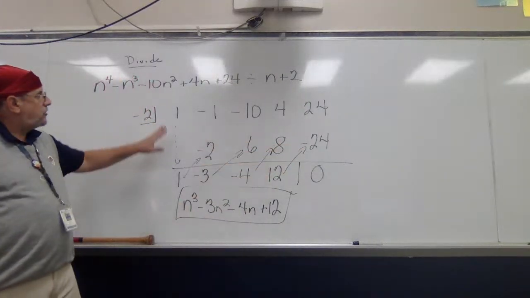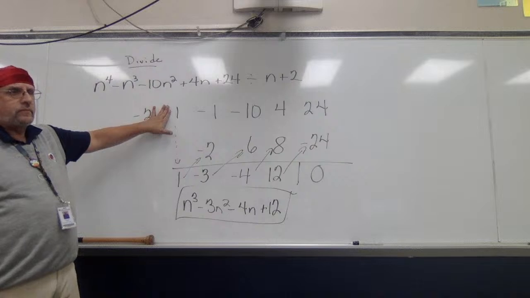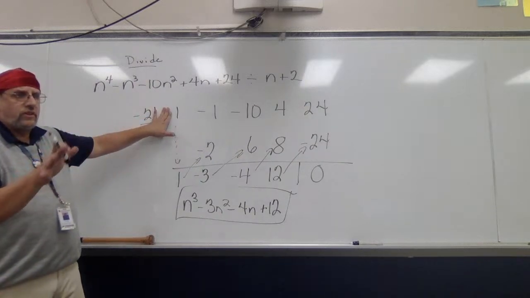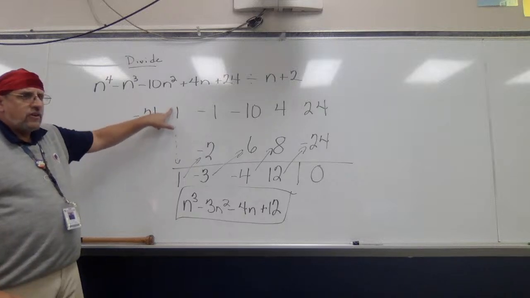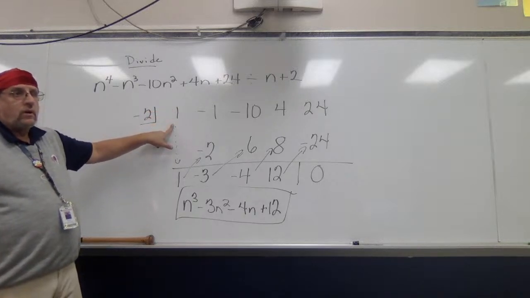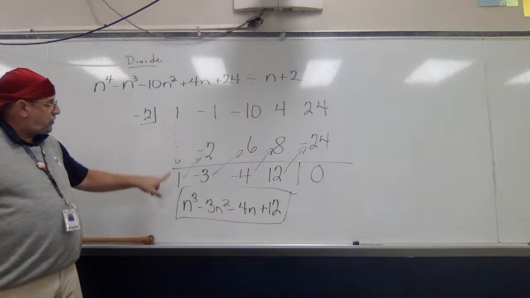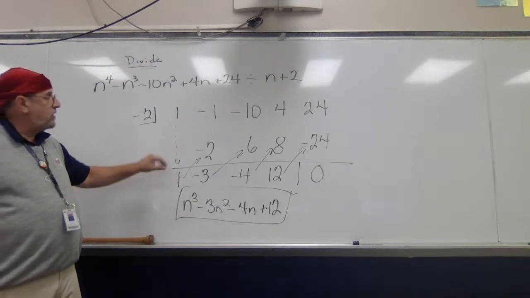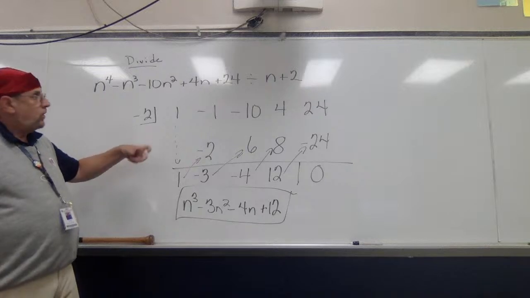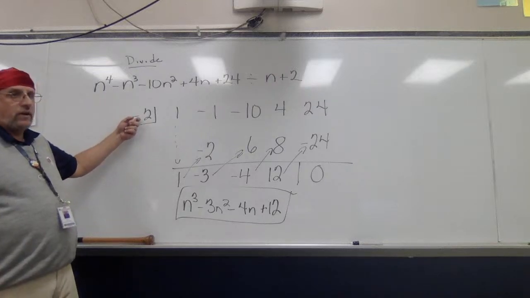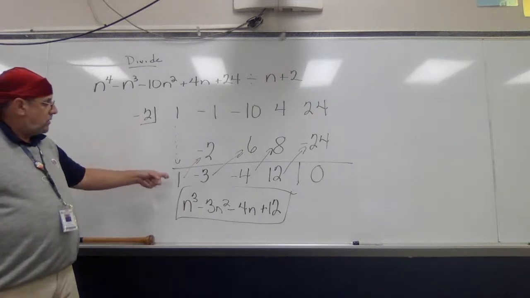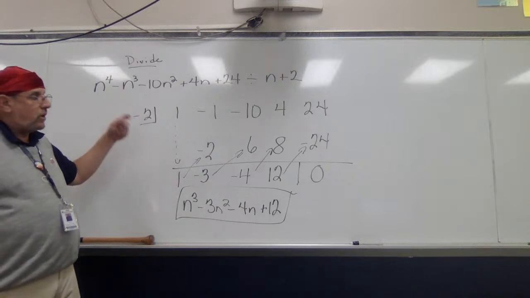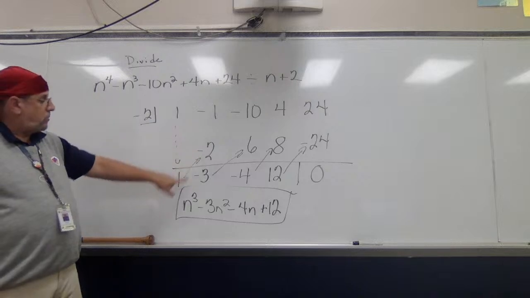Okay, so your first step, whenever you do either the synthetic substitution or synthetic division, is this first coefficient gets dropped straight down, because there's nothing to add to it yet. So then you multiply your divisor, -2, by 1. -2 times 1 is -2. You bring it up.